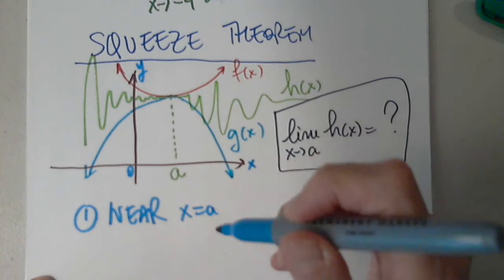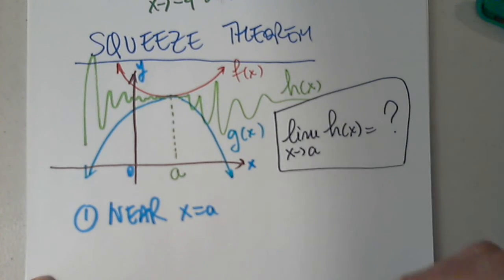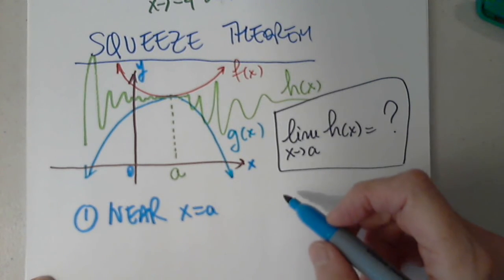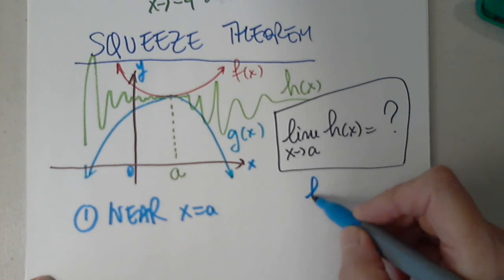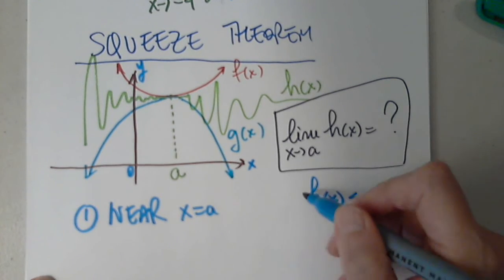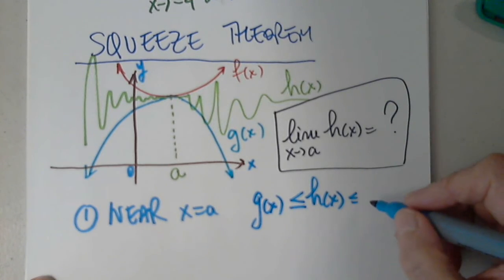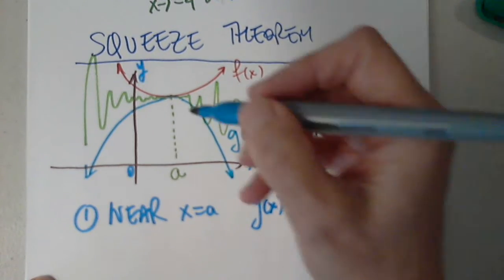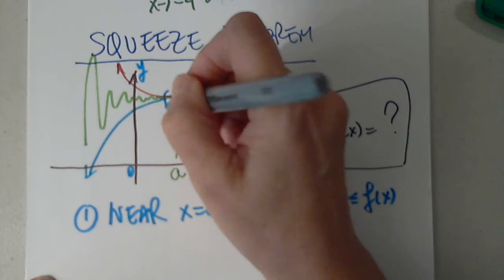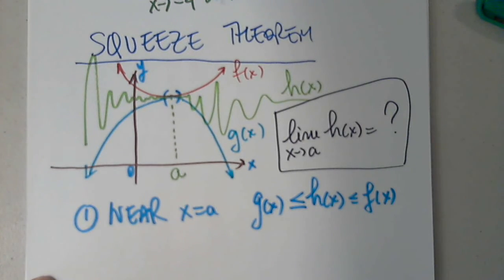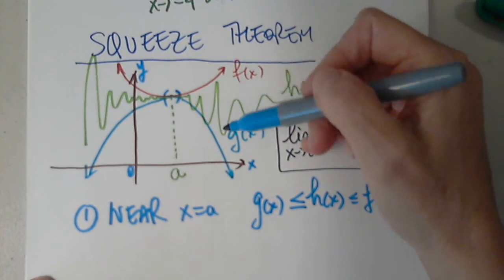Okay, so near x equals a, tell me whether this is correct. h of x is squeezed between g of x and f of x. Near a, when I say near a, I really mean near a. Would you accept this? I don't care what happens here.